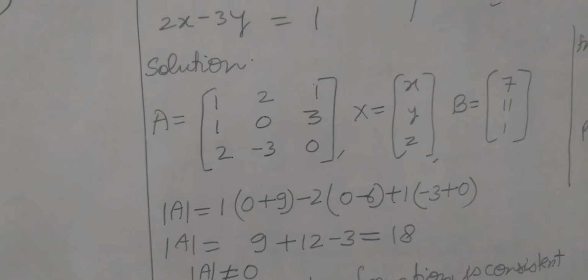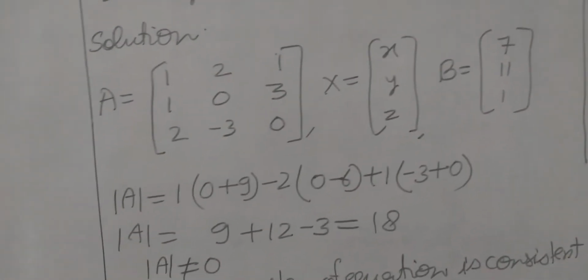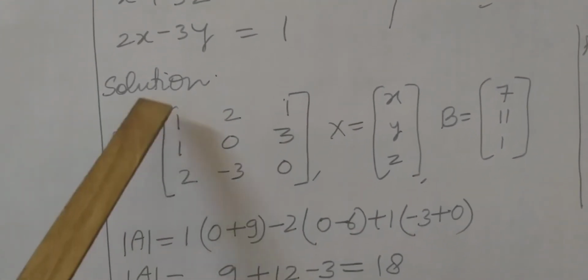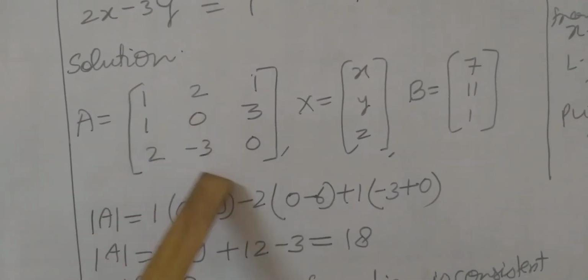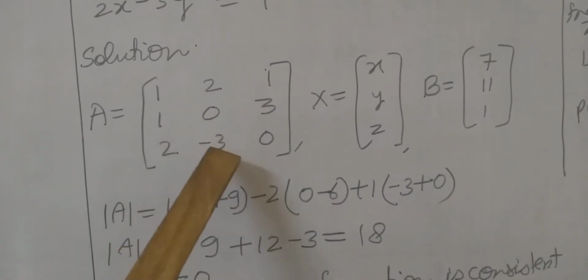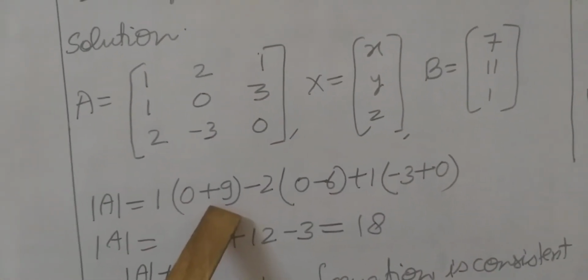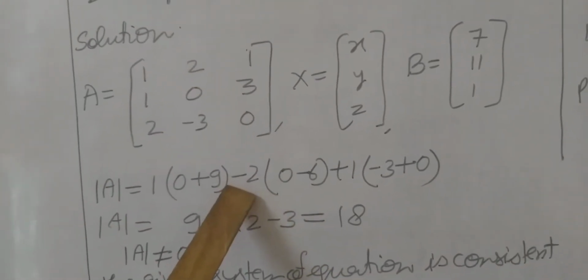Okay, students. Now we have to find the determinant of A. I am going to expand it along the first row, student. 1: delete its column and row. Find the determinant of the left values: 0 plus 9. Now it is at the place of A12, that's why minus 2.